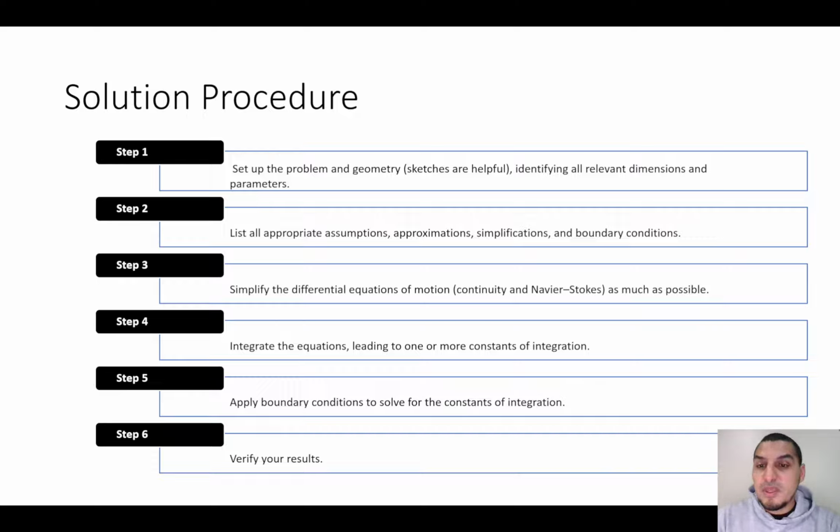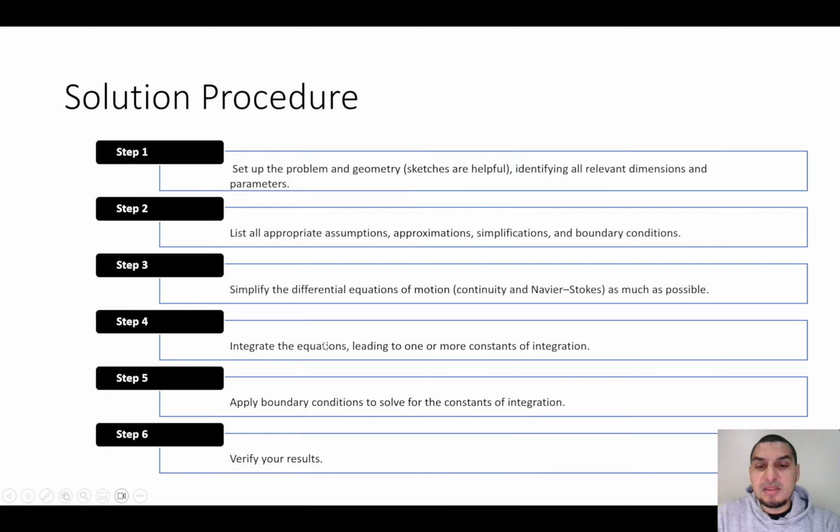And based on this, we can move to the next step, which is step number three, where we are going to simplify the differential equations, which are the equations of motion and the Navier-Stokes equation, based on the assumptions that we will make here. And then the rest is simple.